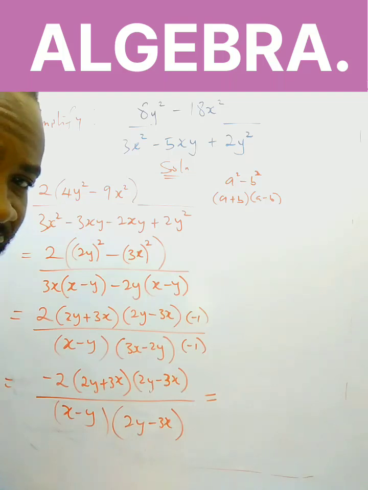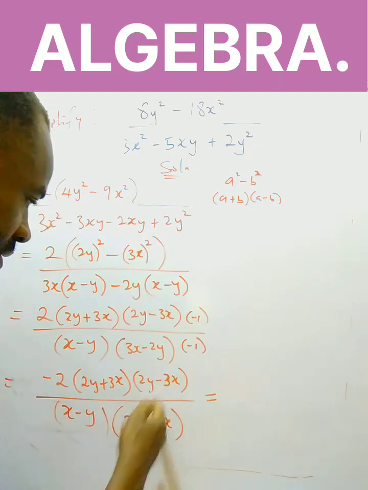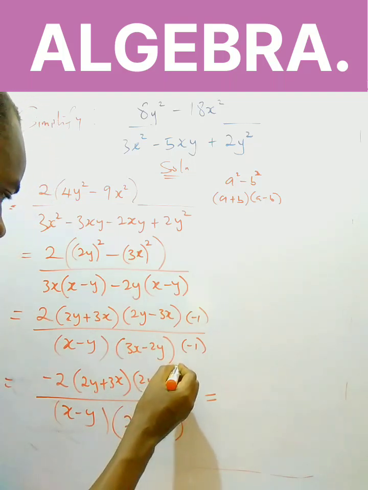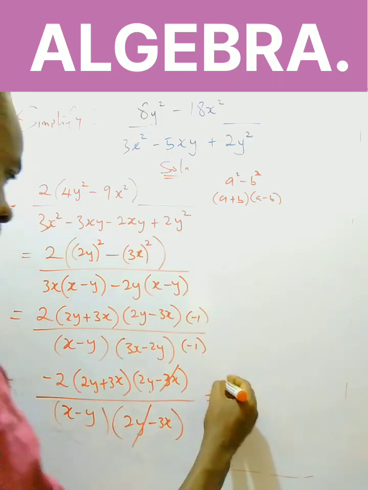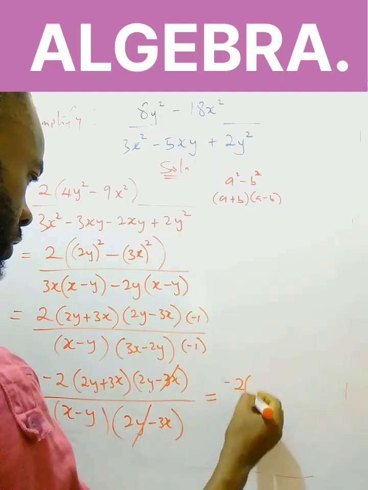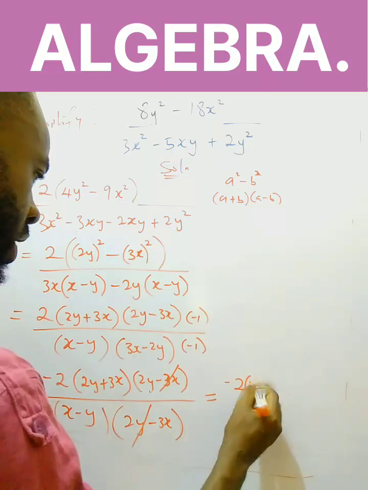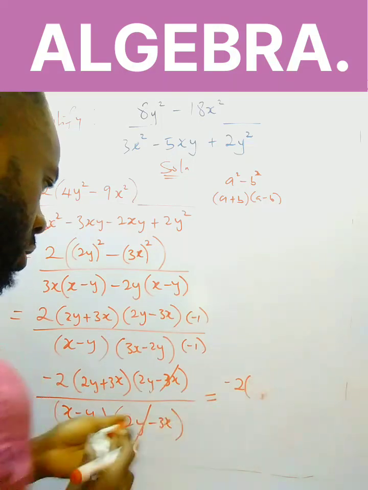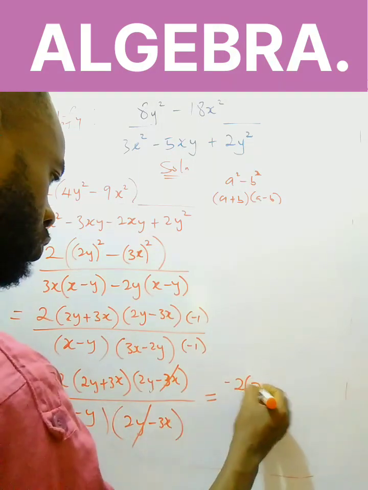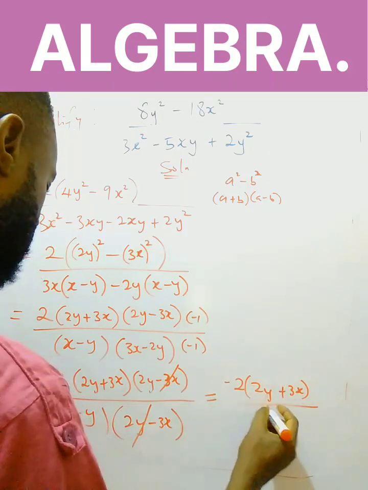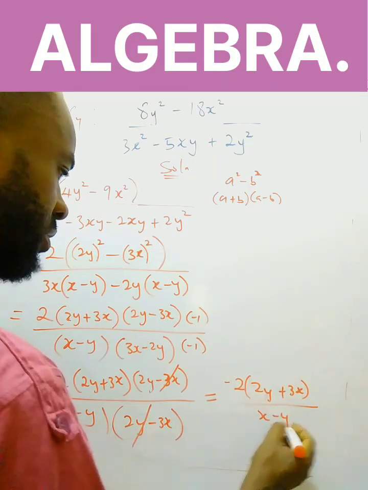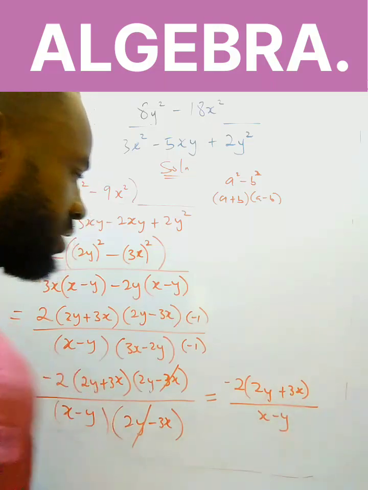So that you can now see that we are having the same factor. This will now cancel out this. So I'm left with minus 2 into 2y plus 3x all over x minus y. So this is our solution.